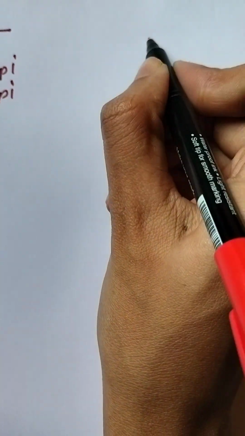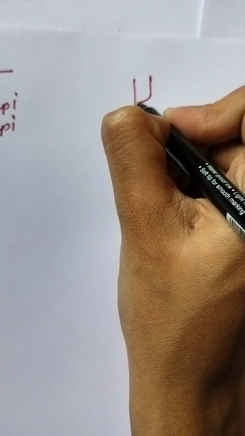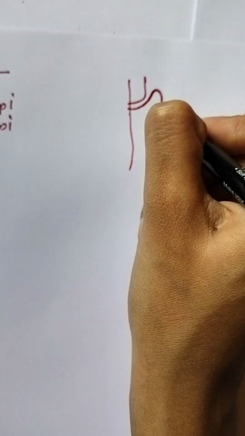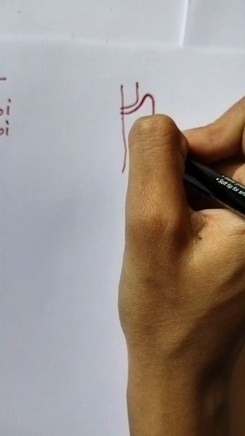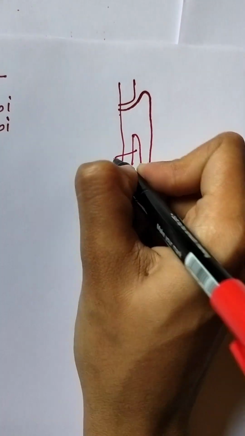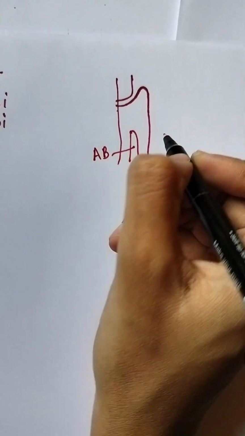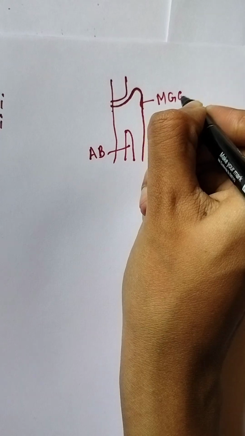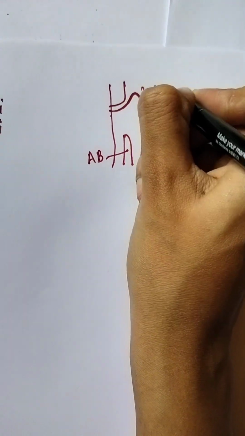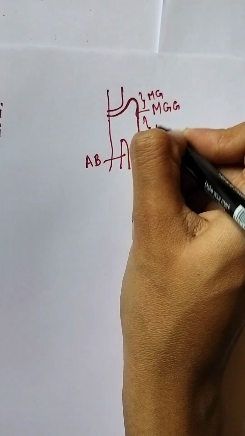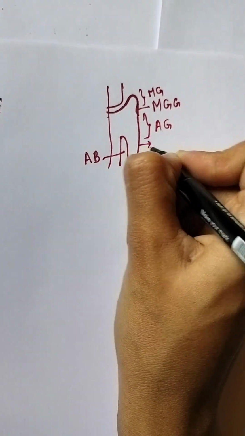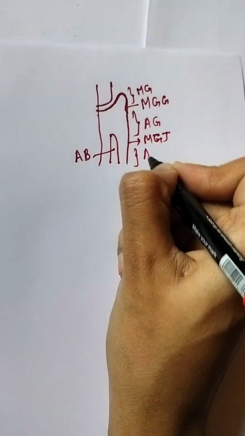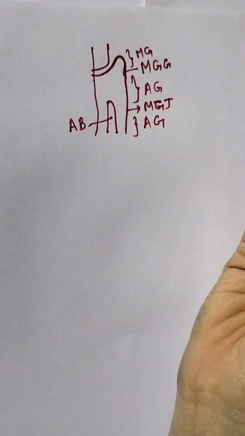We have seen earlier that this is the tooth, this is the gingival sulcus, marginal gingiva, and this is the alveolar bone. Here are the marginal gingival groove, marginal gingiva, attached gingiva, the mucogingival junction and alveolar gingiva.